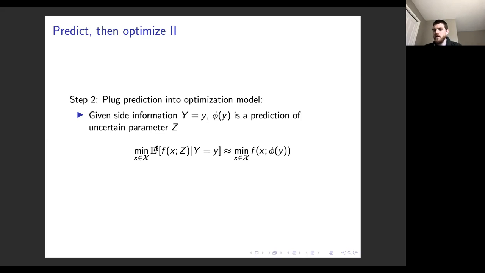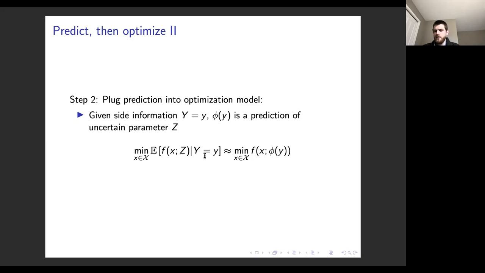And our policy is going to be, I'm going to solve this subproblem for each side information. So when I get my side information, my policy says, take your prediction from your regression model, plug it into this optimization subproblem, and solve that subproblem. Yes, thanks. Any other questions?